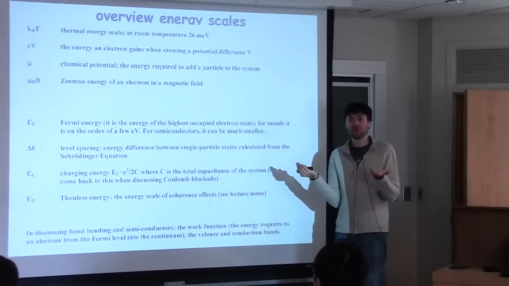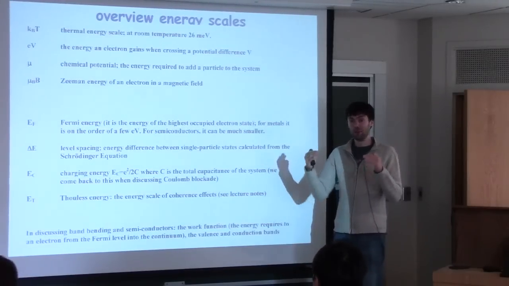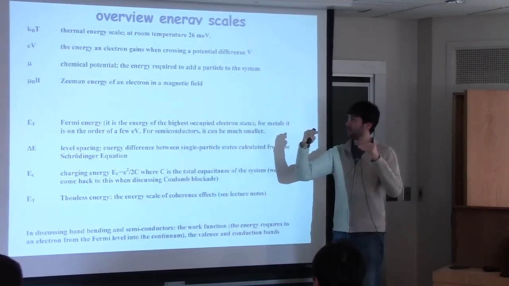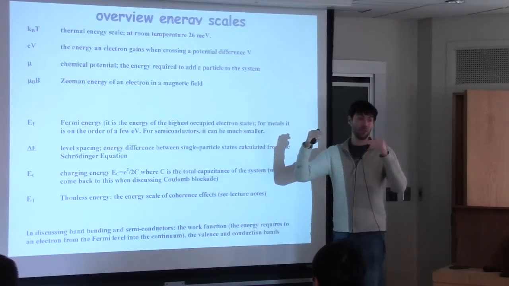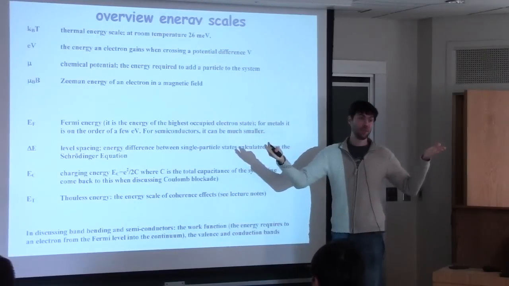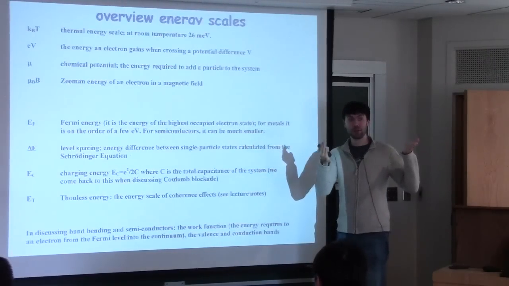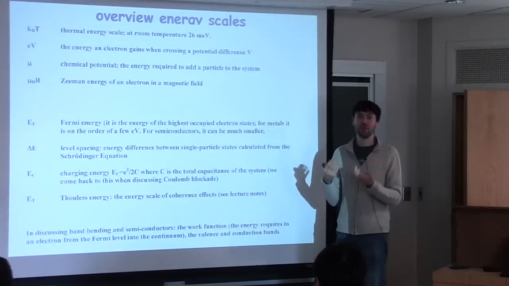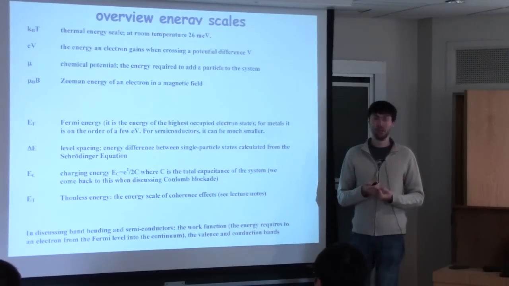By applying a voltage from a battery, you can create a potential difference between source and drain in your device, or on the left and the right sides of your resistor, and all the electrons in the system you can think of as having this energy.